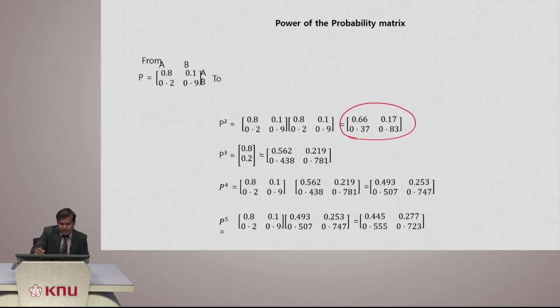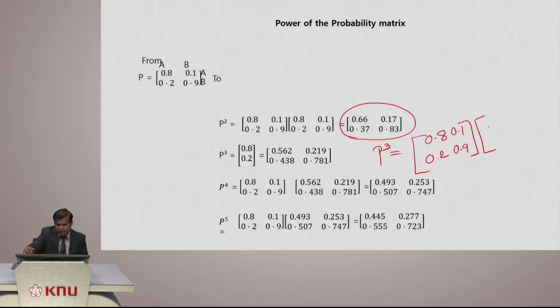In fact, here P3, let me see. Okay, I should have written P power 3 should be 0.8, 0.2, 0.1, 0.9 times 0.66, 0.37, 0.17, 0.38.